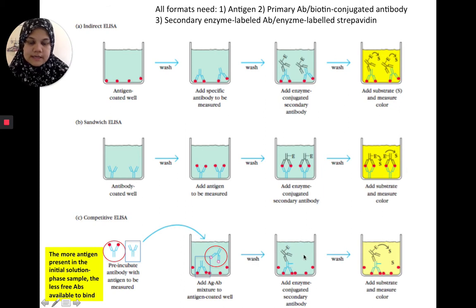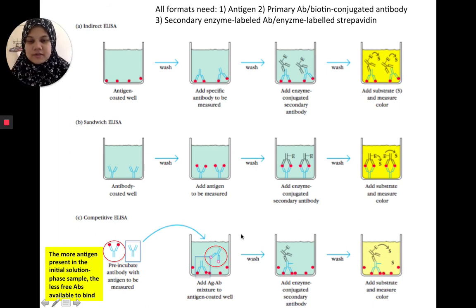So when you add it to the well, the ones that are vacant will be able to bind. The ones that are not vacant will not be able to bind. And then you add the enzyme conjugated secondary antibody, which will detect any antibody that's bound to the well, and then you'll get the color.